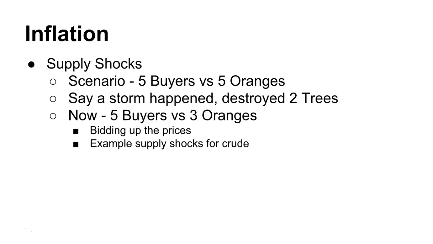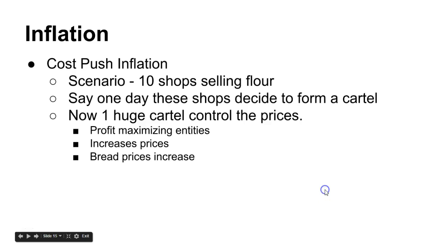So today, what this country can produce is only 3 oranges. So right now there are 5 buyers and 3 oranges. And essentially, if they love to eat oranges, there may be a bidding war in terms of getting the oranges, and prices of these oranges may increase. So that is the supply shock inflation.